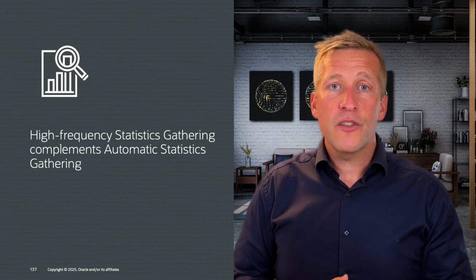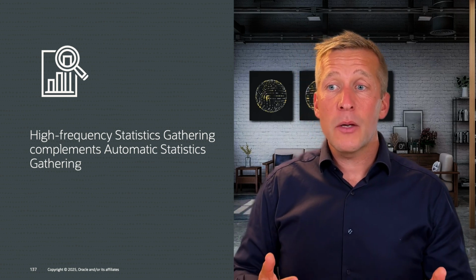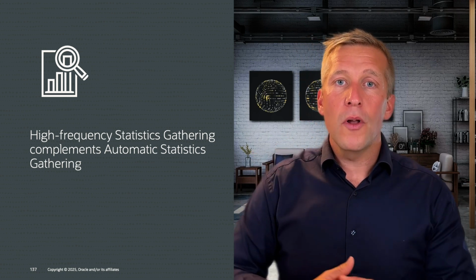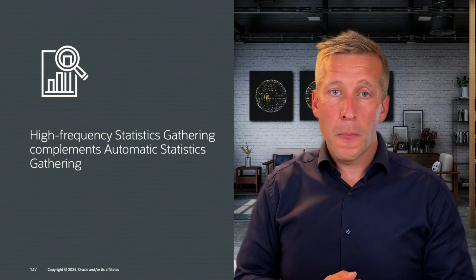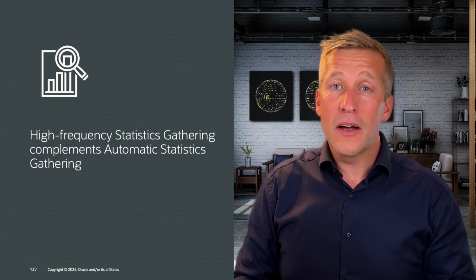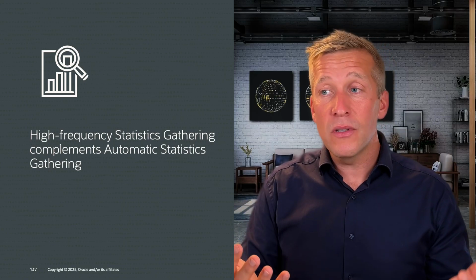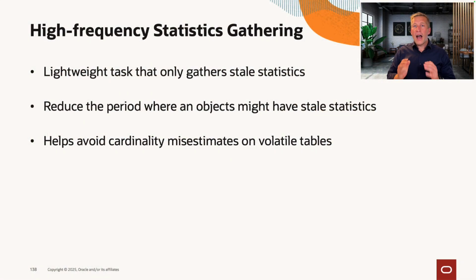On Exadata, we have this feature called high-frequency statistics gathering, which is complementing the normal automatic statistics gathering job. We have that on the autonomous databases, dedicated and serverless as well. High-frequency statistics gathering is a lightweight task that is complementing and running more often than the automatic statistics gathering. It'll look for objects with stale statistics, and when it finds them, it'll then regather statistics so you don't have to wait until the following maintenance window where we can run the big automatic statistics gathering job.